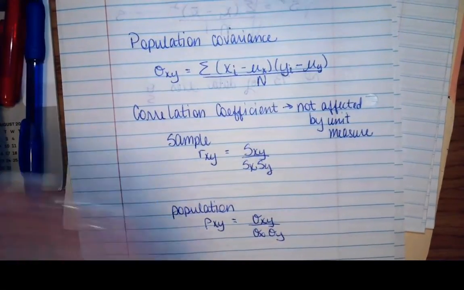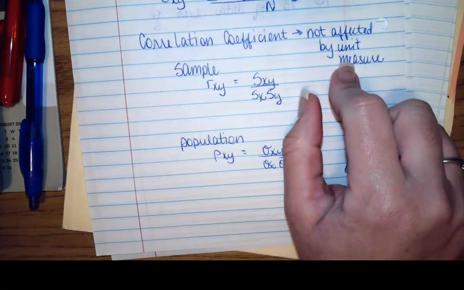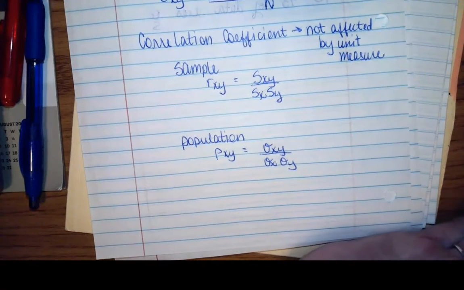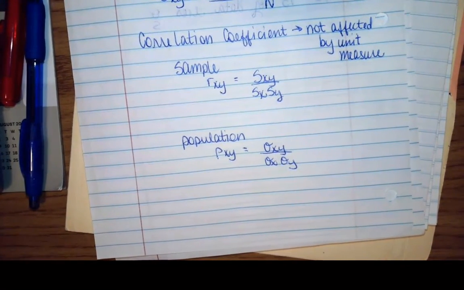And what that does is it's not affected by your unit measure. So a while ago we were looking at sales and the number of commercials that were broadcast, or temperature versus weight, which is not correlated.